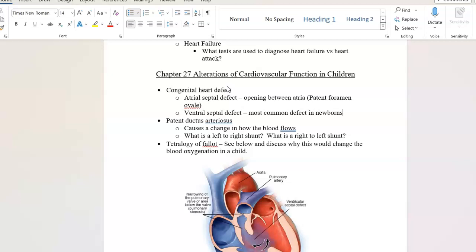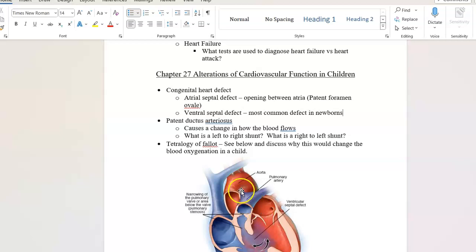Patent ductus arteriosus. So, remember I spoke to you about the shunts. There's a shunt from the pulmonary artery to the aorta. And that's called the ductus arteriosus. When we're born, we take a breath, it shuts down, it turns into a ligament, okay? In some cases, it can stay open.